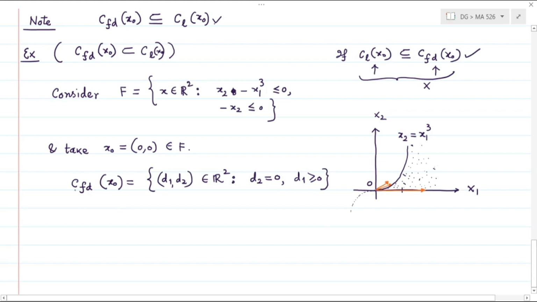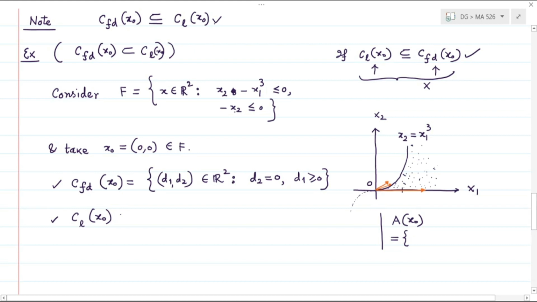Fine. And what is your linearizing cone at the point x0? To find the linearizing cone, you first have to find the active set at the point x0. The active set is the set of all indices of the inequality constraints for which gi(x0) is equal to 0.